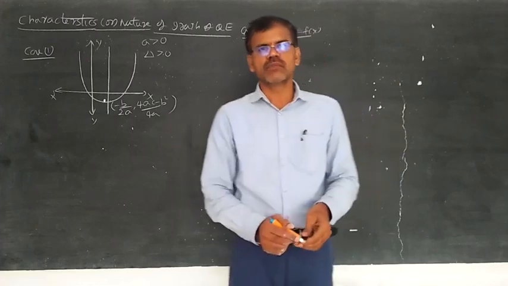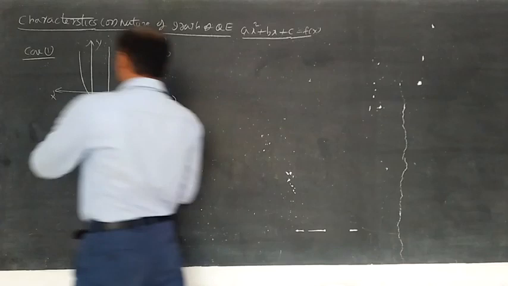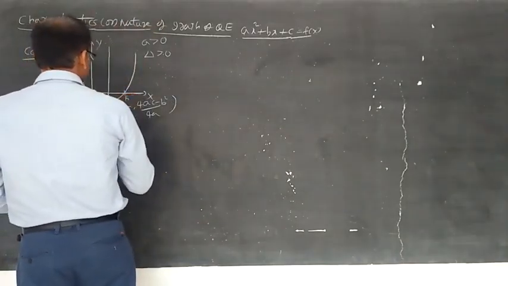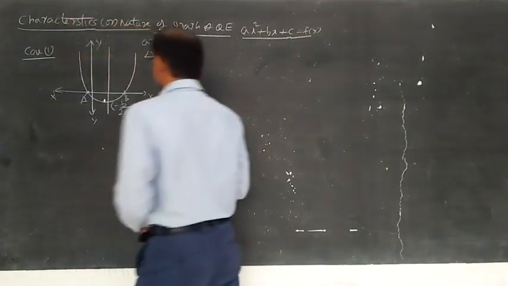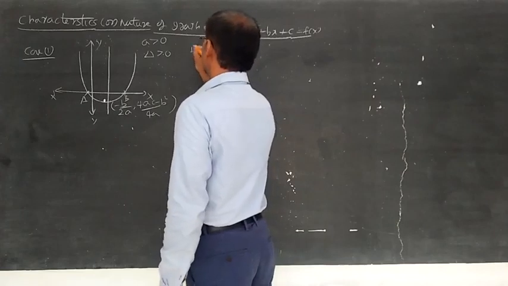You will be learning this in geometry also, in advanced sums. Here two points are there. You can put A and B. So here you can write the characteristic.